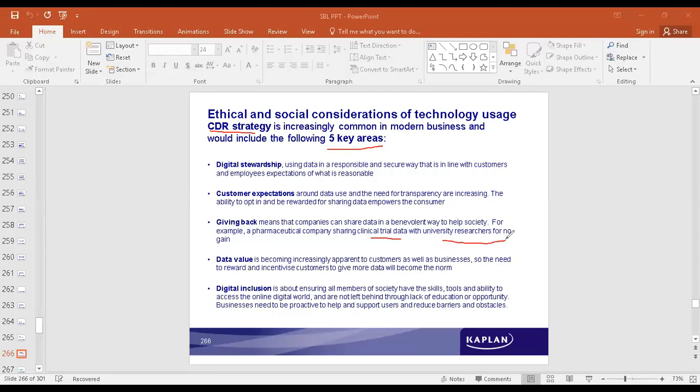Add data value: the value that would be added because of customers sharing the data should be made known to the customers, and make it a norm that they should come forward in sharing more data with them. And include those parts of society which cannot afford access to digitalization, make them partners in this journey. So that's the concept of digital inclusion.